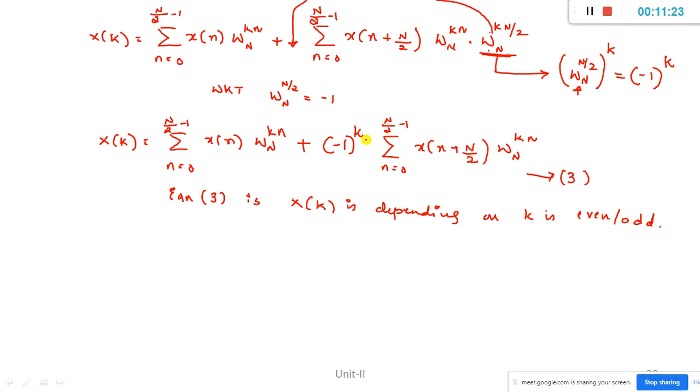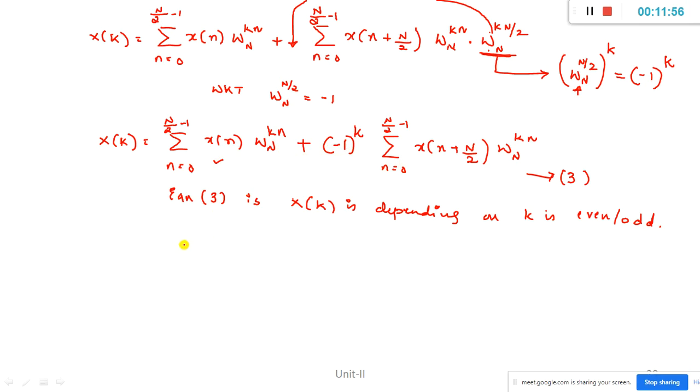Am I right? Because if k becomes an even value, then this is a summation of the first half sequence and the second half sequence, right? Next, if the k value is odd, like 1, 3 as such, then the x of k value will be the first half sequence minus the second half sequence. This is the difference over there.